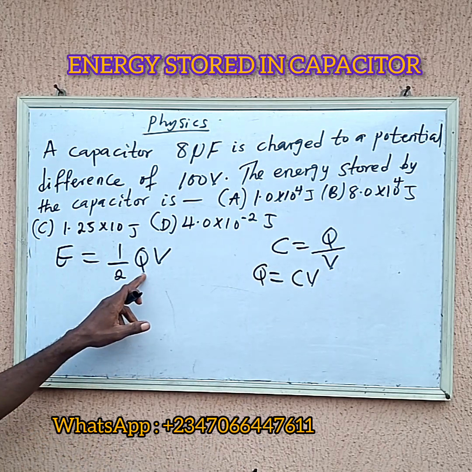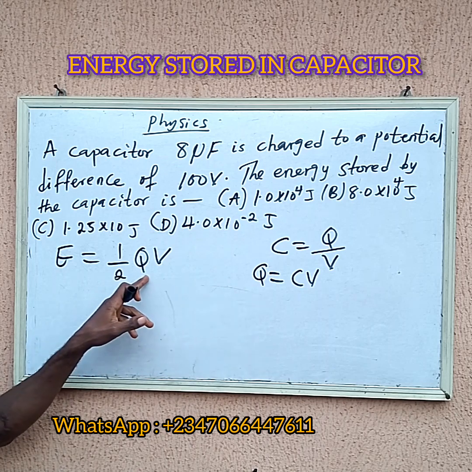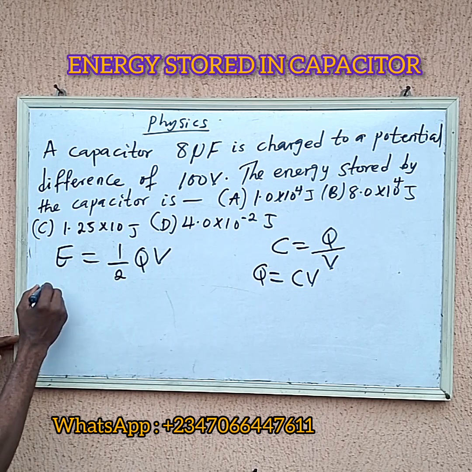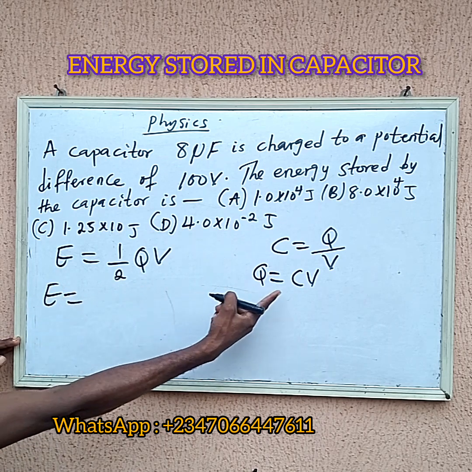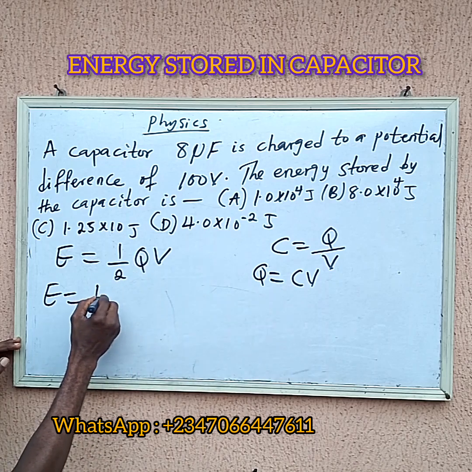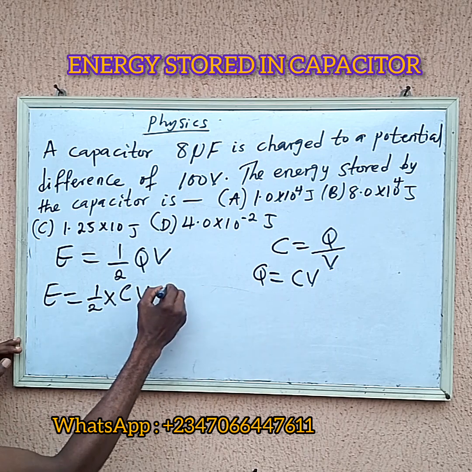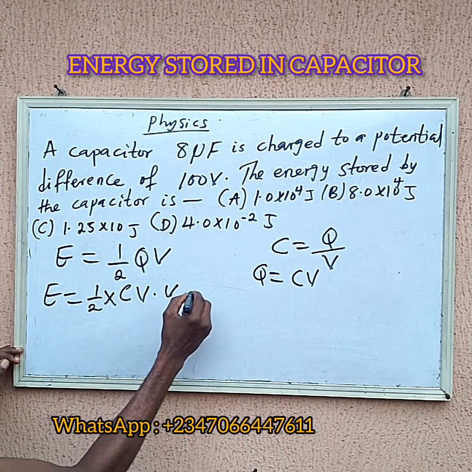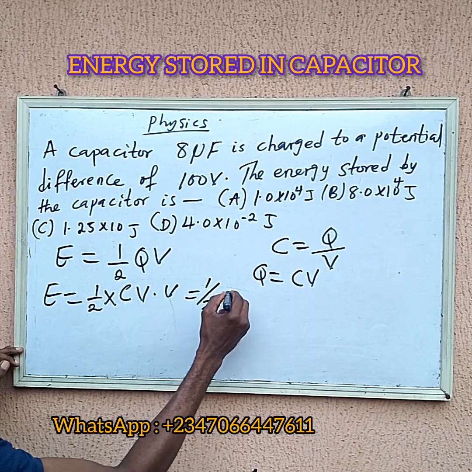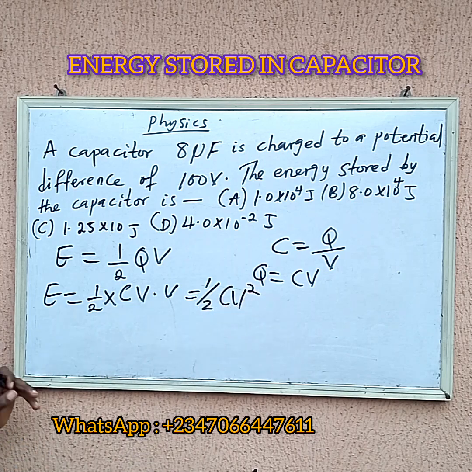Plugging this for Q in the expression, E is half times C, then V, that is CV, multiplying another V. So we are going to have half CV squared. This is one of the formulas.